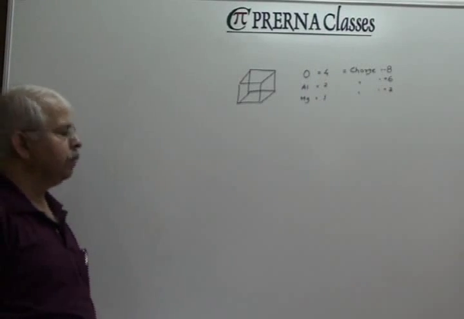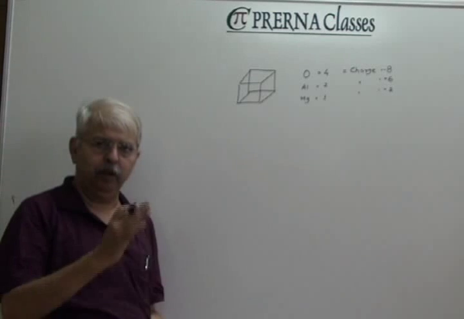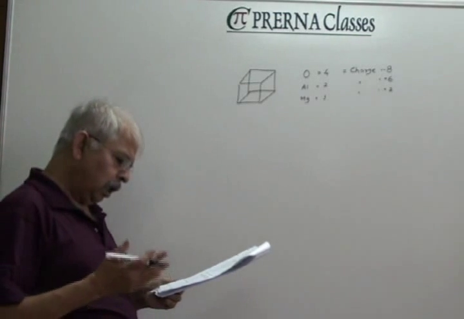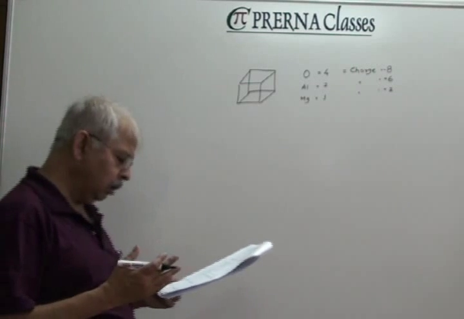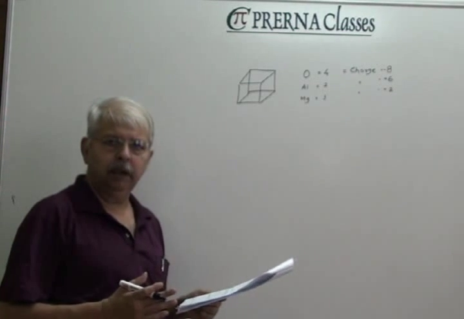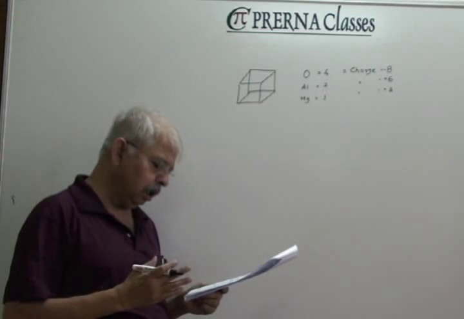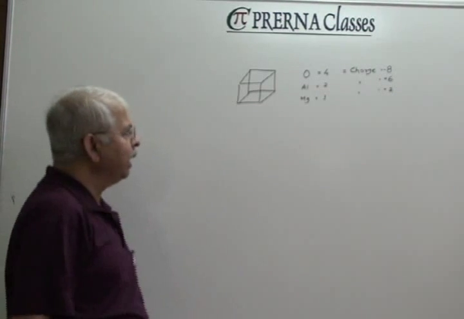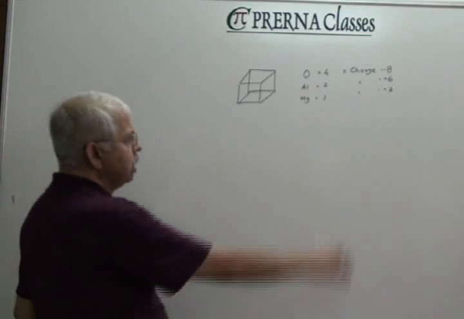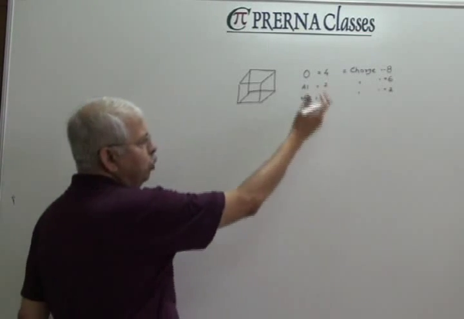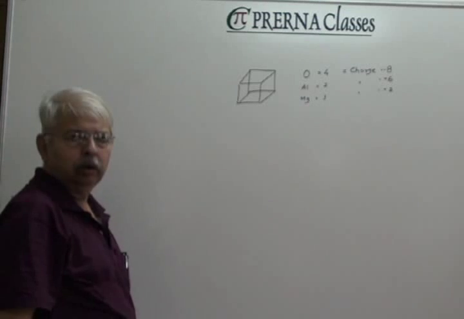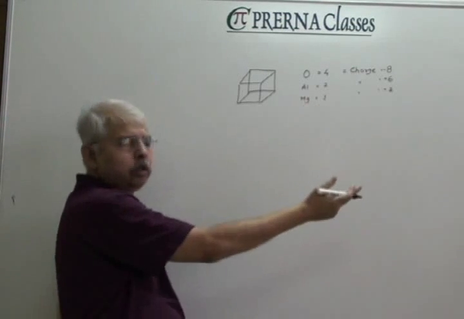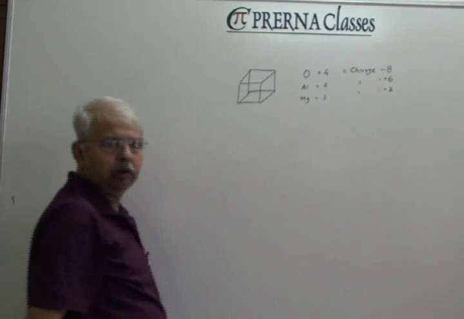Now in an FCC unit cell which is made of oxygen, according to the question, M fraction of the octahedral holes is occupied by aluminium and N fraction of the tetrahedral holes is occupied by magnesium. Now if I calculate the charge, oxygen has -8 charge, so aluminium must be 2 so that you get +6, and magnesium must be 1 so that you get +2, so the net charge becomes equal.